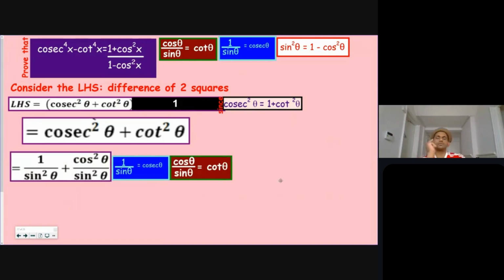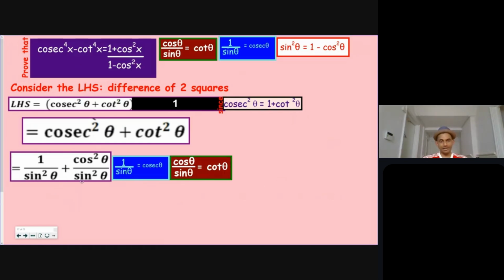And then if we look at it and we put it in terms of the regular functions, because when we consider the right-hand side, it is in terms of the regular functions only, I've got cosec squared, which is 1 over sine squared, and I have cot squared, which is cos squared over sine squared.